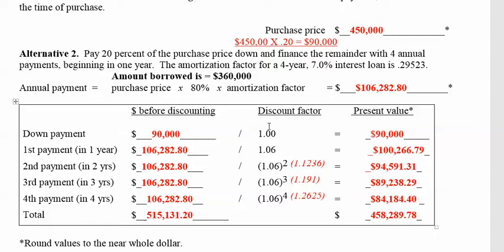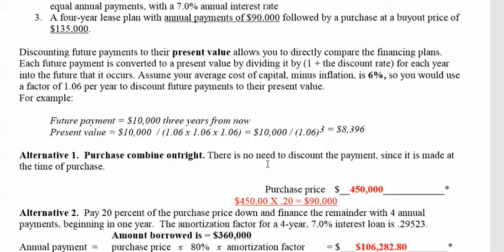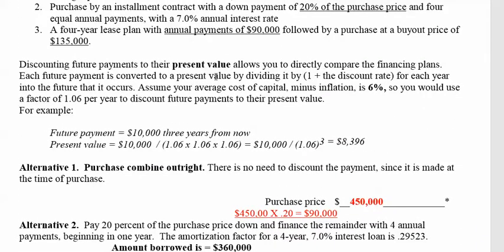Now, if we adjust all those payments to present value, we do that again by taking the future payment and dividing it by the discount factor. The discount factor is 1 plus the discount rate for each year.